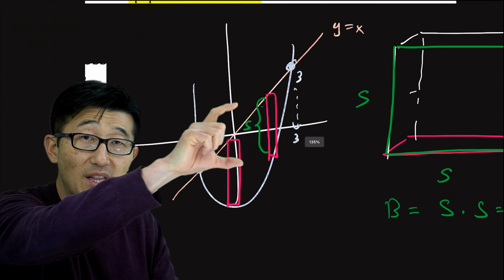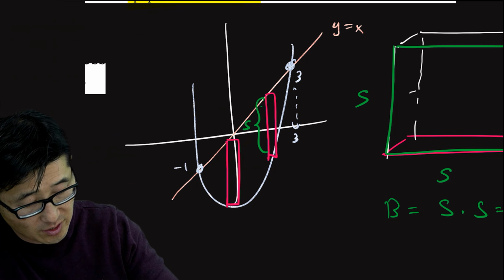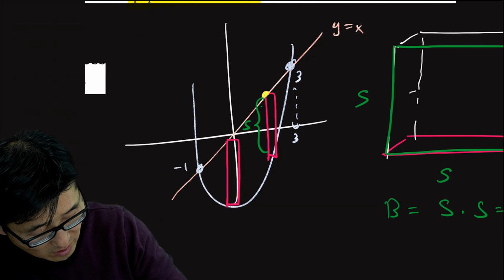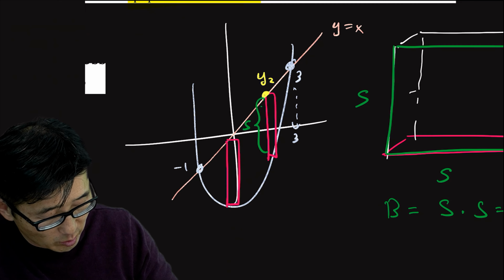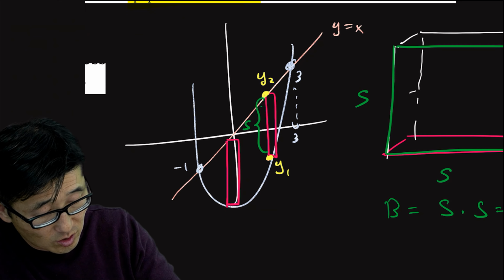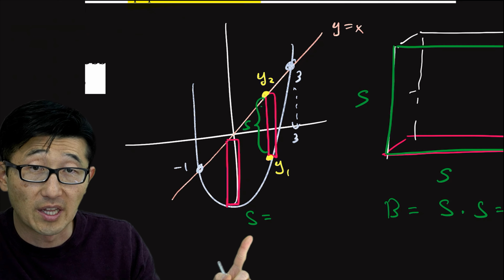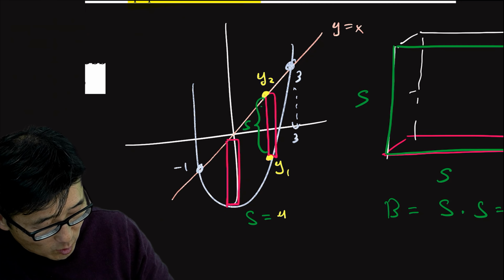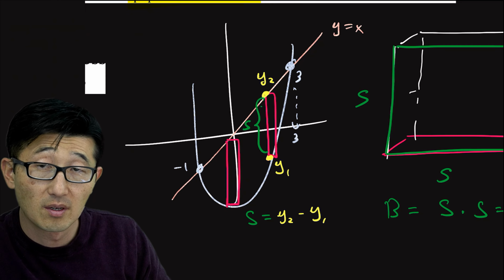Well, this length is the difference between the y value here, which we'll call y2, the upper y value, minus the lower y value, which we call y1. So S is equal to the length found by taking the upper y value y2 and subtracting the lower y value y1.